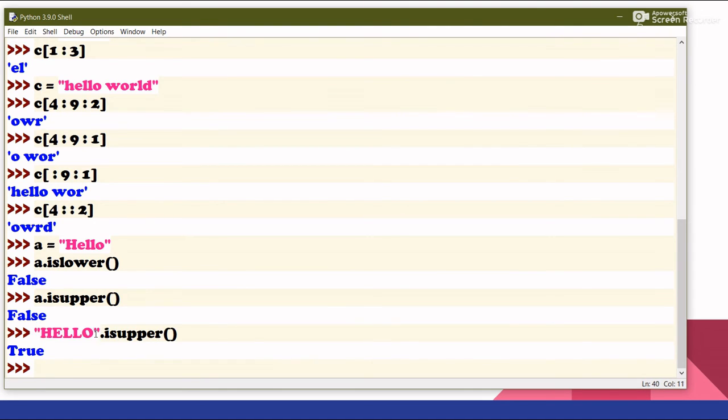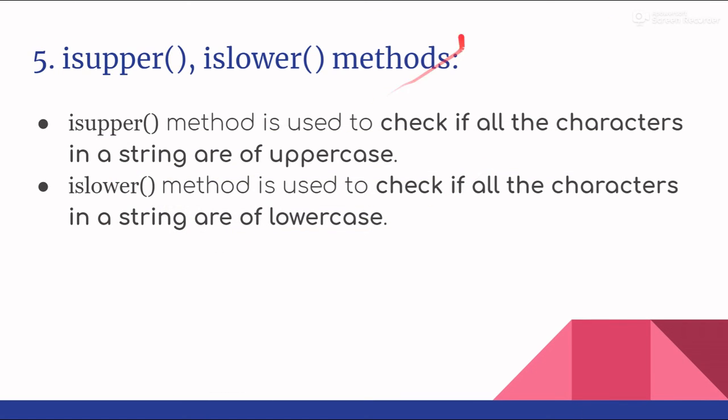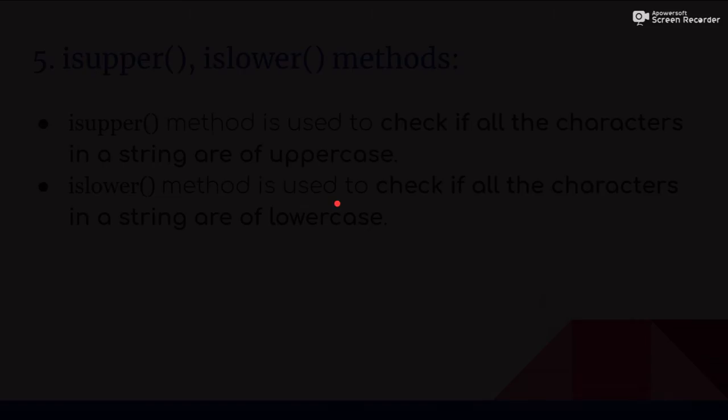We can do that because the variable is just representing the string itself. It doesn't matter whether we use a variable or directly write hello in place of the variable dot islower, it will work too. Okay, so islower and isupper methods should be clear, I hope.